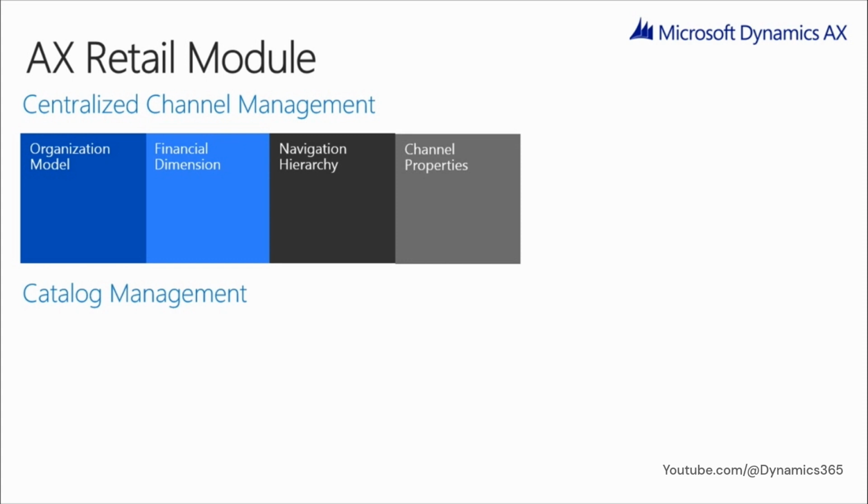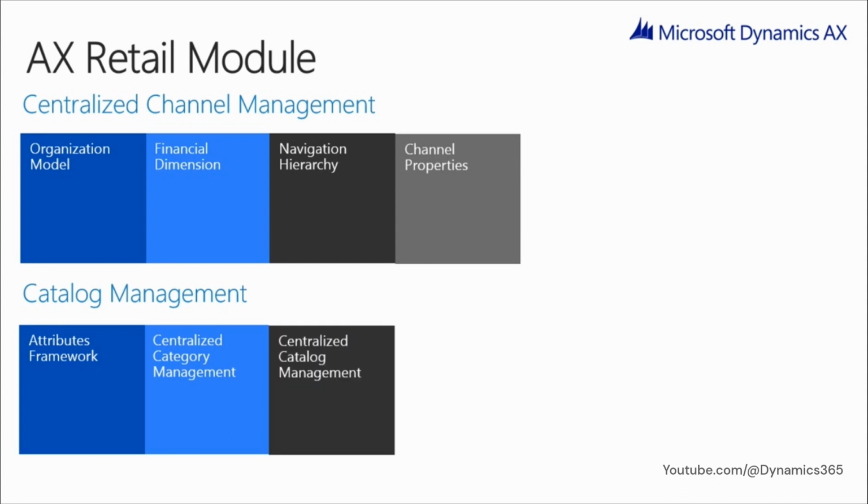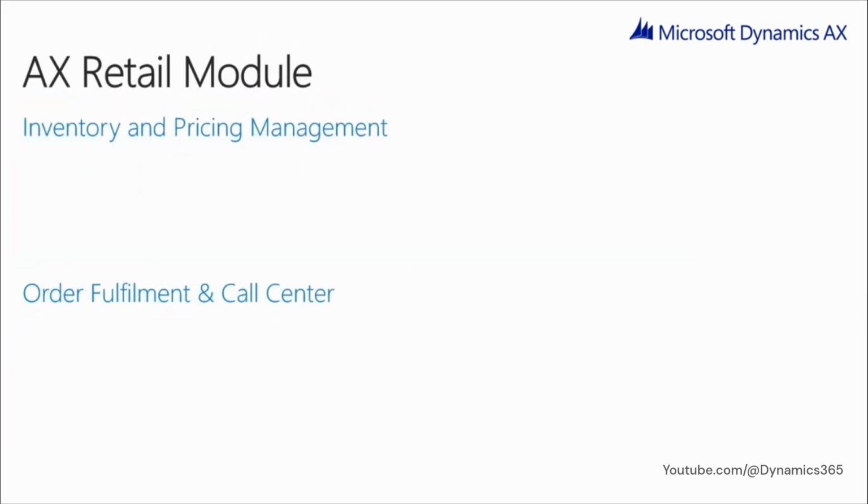Moving on, the retail module includes catalog management, with a dedicated attributes framework within Dynamics AX, centralized category management, centralized catalog management and publishing from Dynamics AX to SharePoint through jobs. And last but not least, the new add-on with R3, which is kits in catalog management.